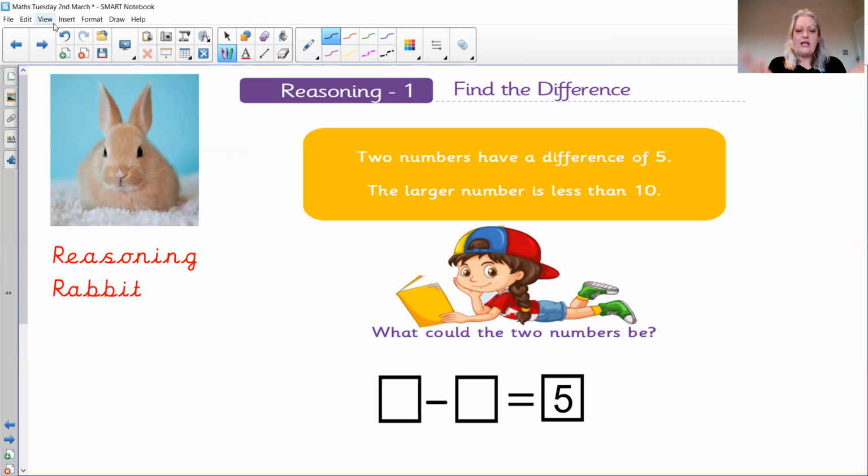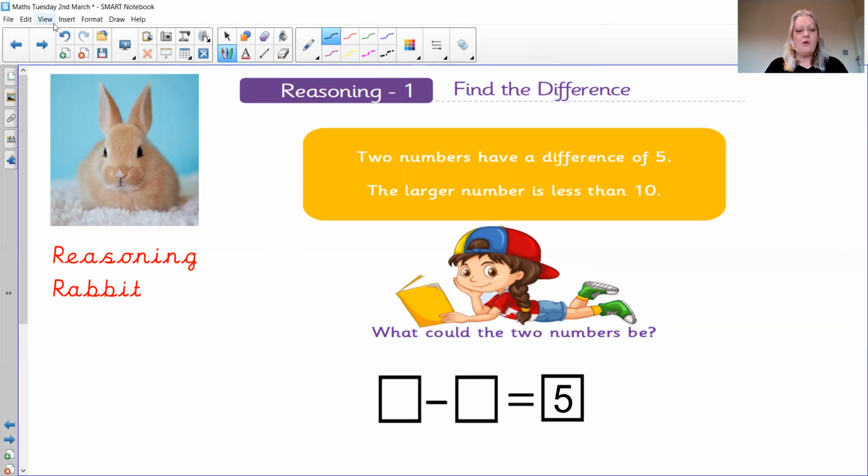Have a whole number and you take another number away, is going to give you that difference of 5. And the larger number is less than 10. So what 2 numbers could there be to make that number sentence correct? What could the 2 numbers be to have that difference of 5?